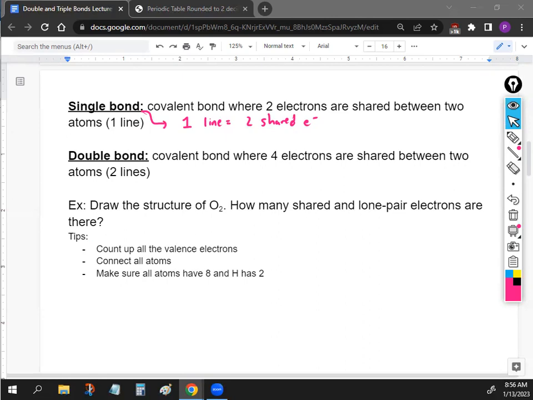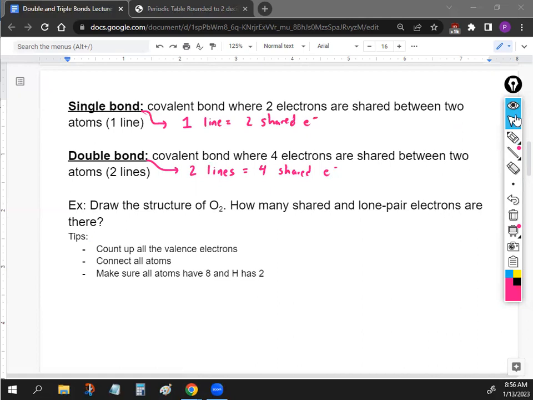So pop quiz. If we have a double bond, how many lines do you think there are? 2. Amazing. If there are 2 lines, how many electrons do you think are being shared? 4.